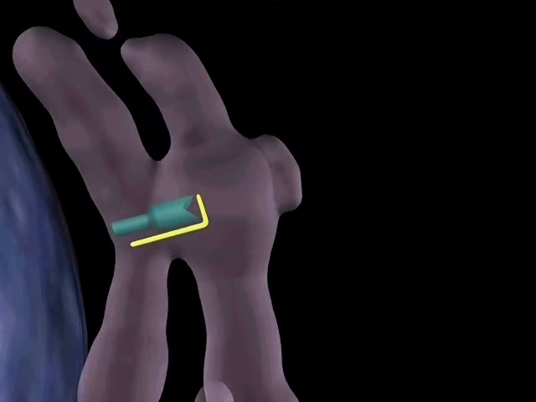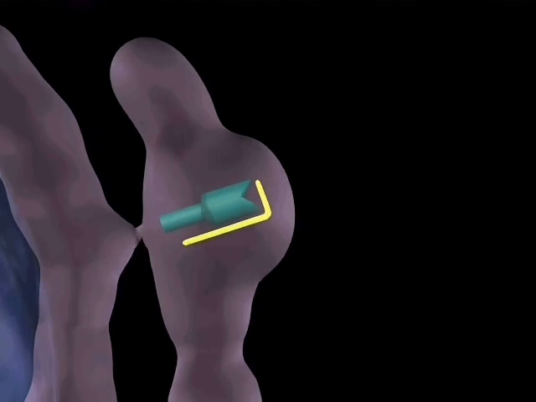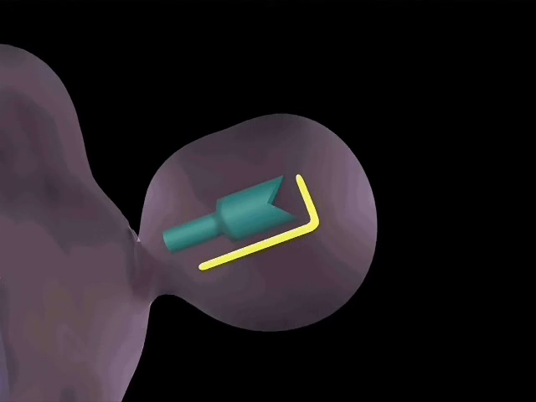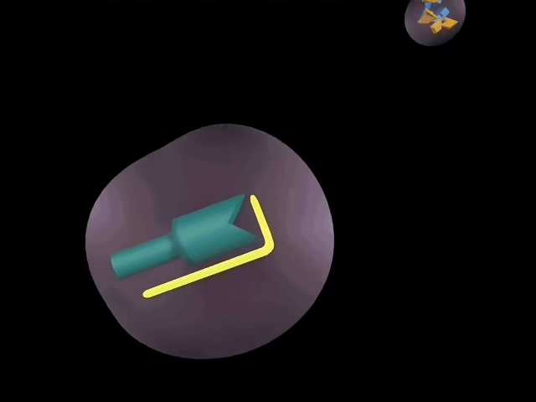These fragments then become associated with the MHC class II molecules in a compartment where peptides from the endosome and class II molecules from the Golgi body are brought together.